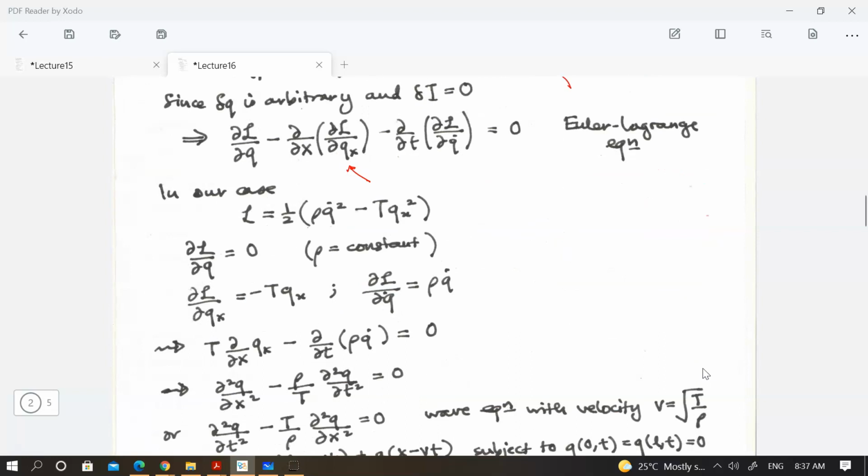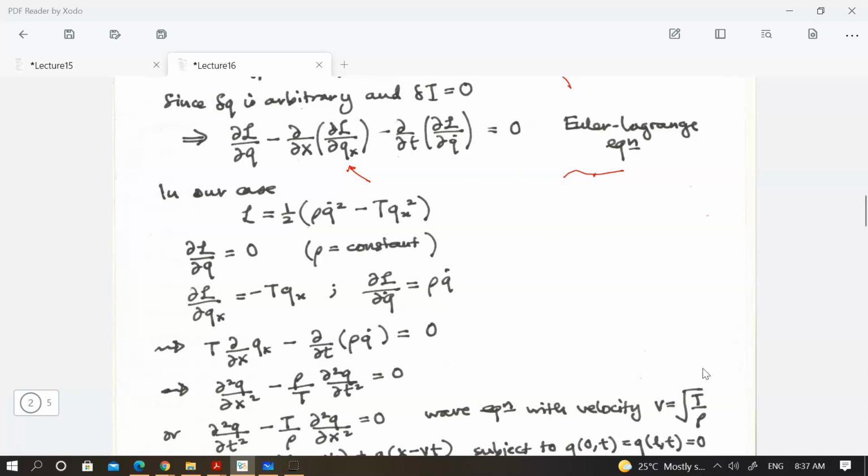The one that we had before was just the derivative with respect to Q, and then your time derivative of your Lagrangian with respect to the velocity. Okay. So now we have an extra thing which depends on this derivative of your Q with respect to x, because of the extension of your string.